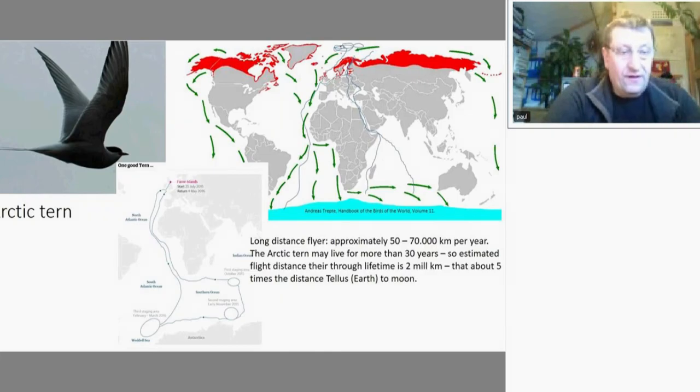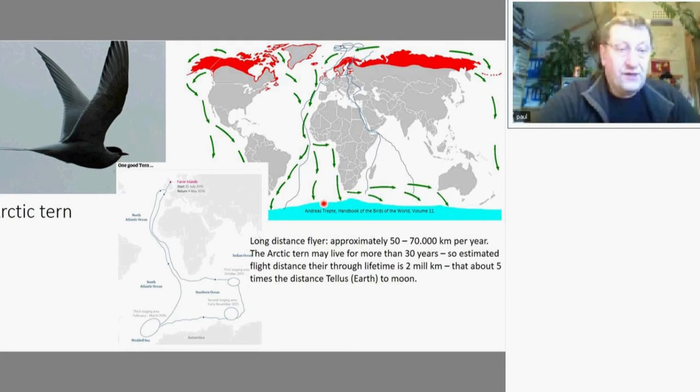The Arctic tern is the one that makes the longest travels. It travels something like 50 or 70,000 kilometers per year. That's substantial. So you see it goes from the red areas up here and down to the Antarctic, close to the shelf of the Antarctic, just outside the ice.